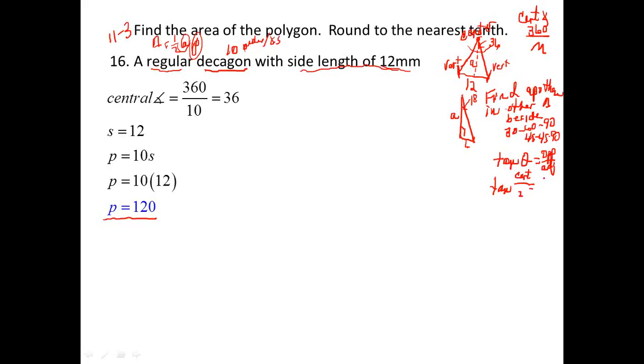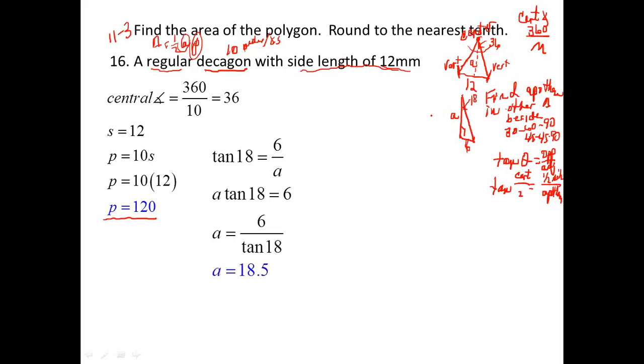The opposite side is half the side, because we bisected, if we know that from the beginning. And the adjacent is the apothem. So I'm going to fill in that. So I know 18, I know this is 6 over A, and I start getting that.